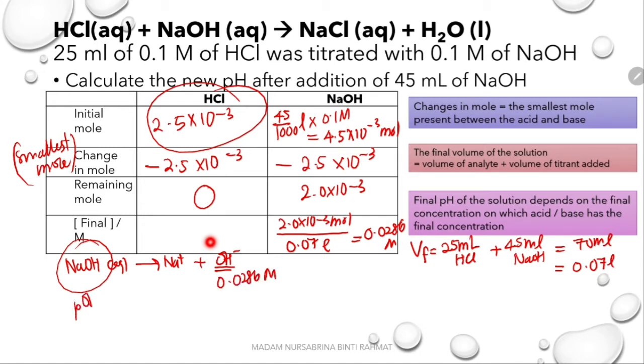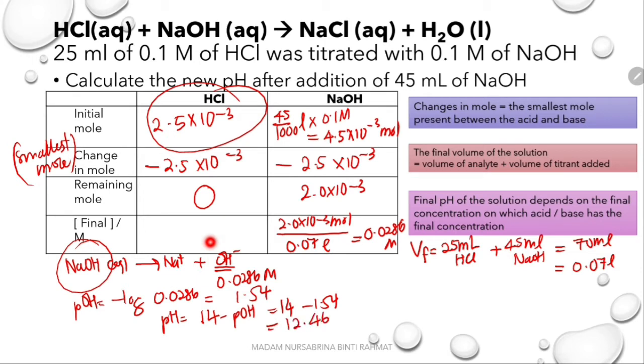So pOH equals negative log 0.0286, which is 1.54, and your pH is 14 minus pOH. So 14 minus 1.54 is 12.46. So the new pH after addition of 45 milliliters of NaOH is 12.46.